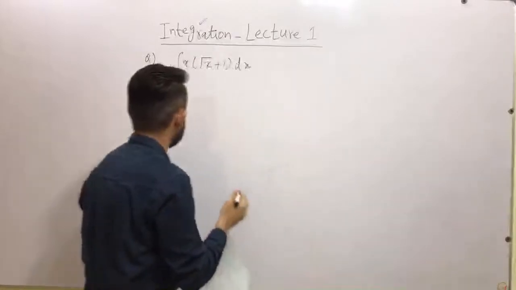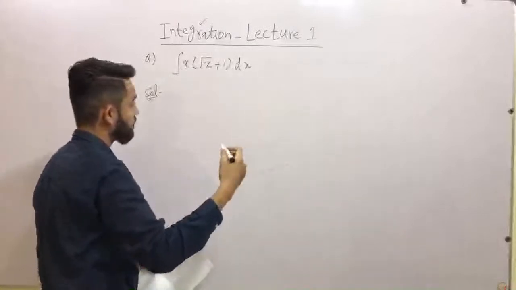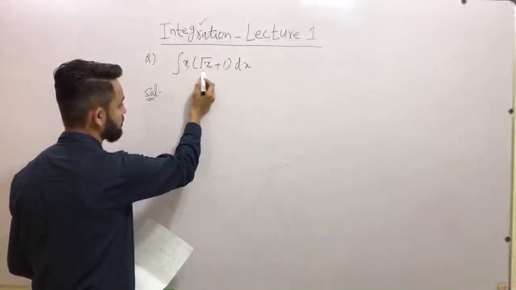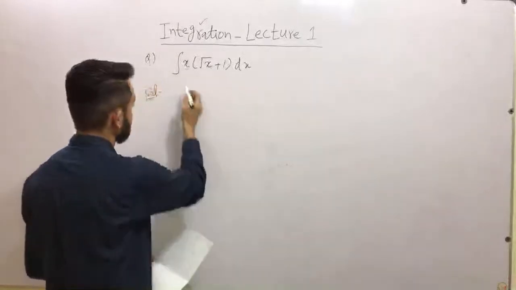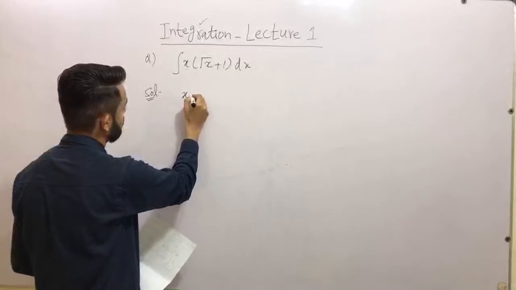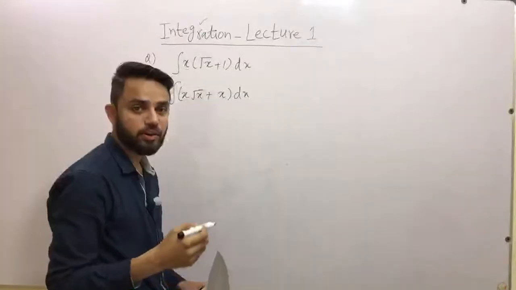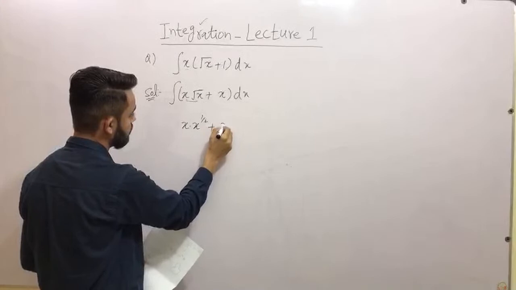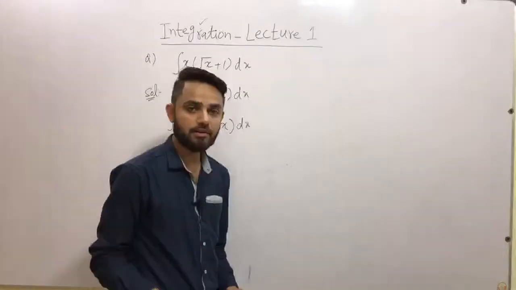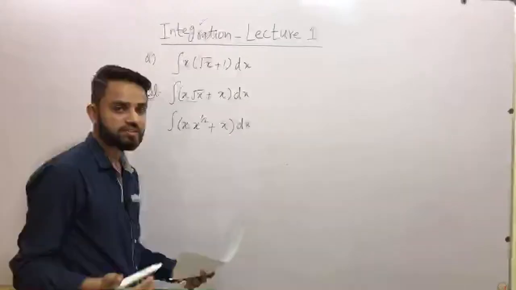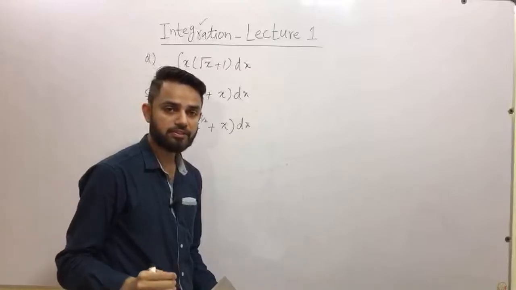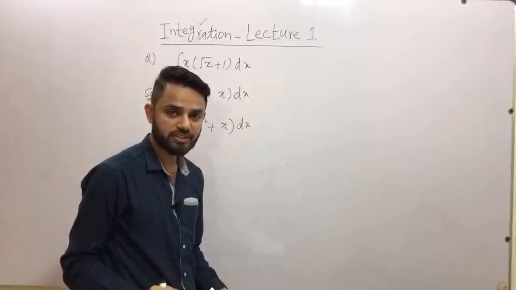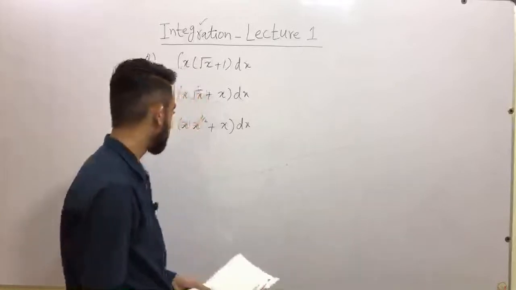Okay, so I am going to multiply these two functions; this is function 1 and this is function 2, and they are multiplied with each other. So x multiplied by the square root of x. I know that many of the followers on my channel are not aware of integration, so I am trying my best to start integration from step zero so that all of you can learn very well.